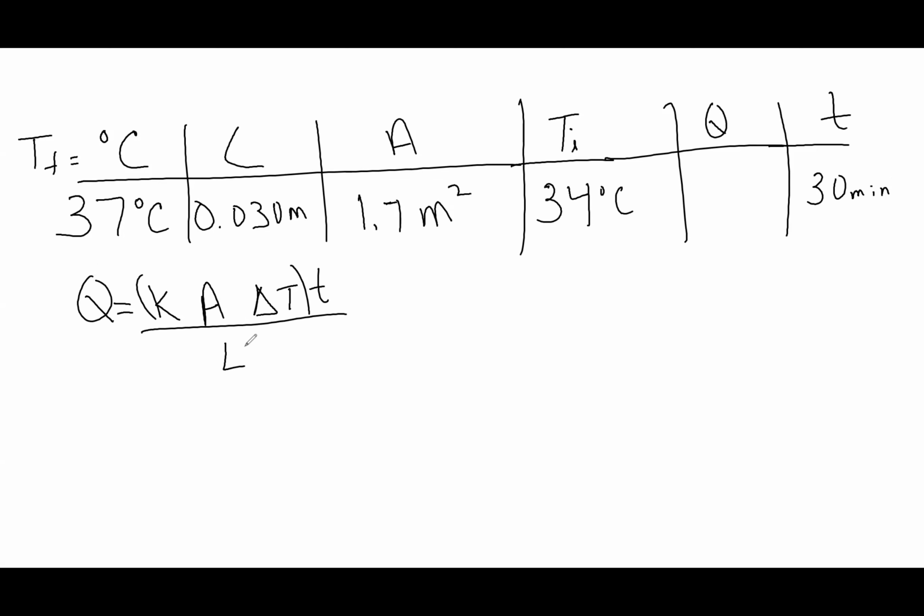Now, that means the first thing I need to know is, what is this k? In my chart, I can find k, which is the thermal conductivity of body fat. So let's see if they give us that. For body fat, right here, the k for body fat in this chart is 0.2.